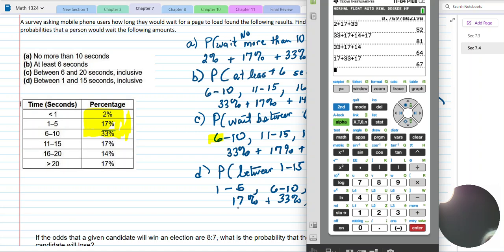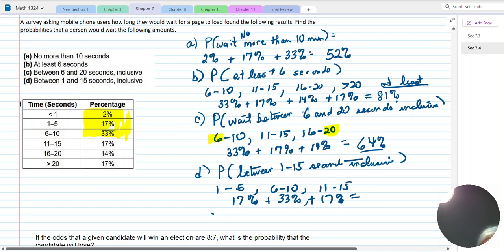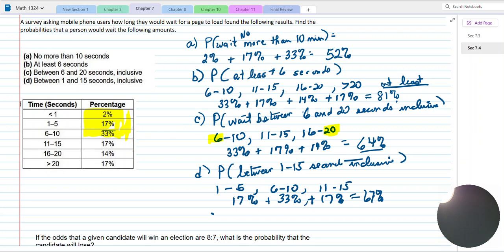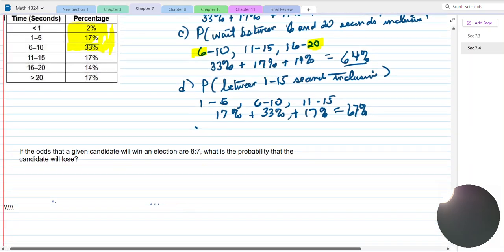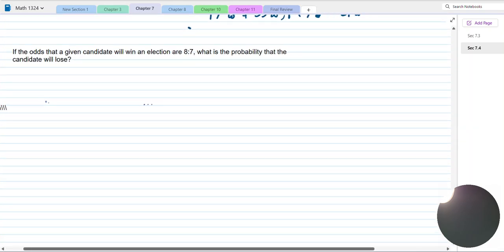Okay, so that would give me 67%. Let me get the calculator down. All right, so we've learned how to read a formula, determine something is in line as a probability table, and now we're doing our very last problem.